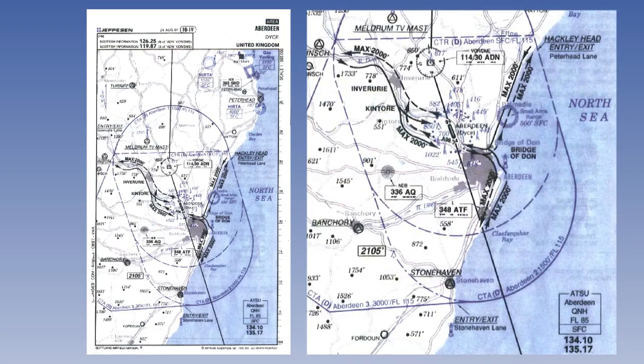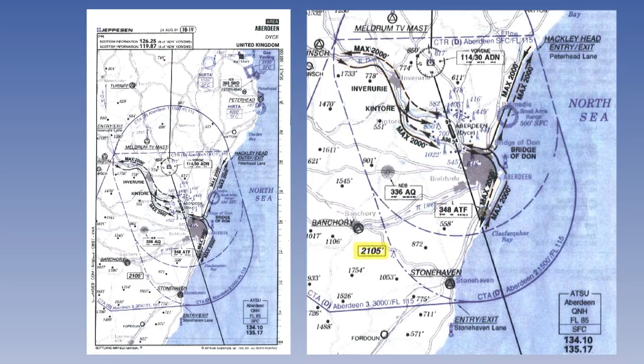Looking further down the chart are the entry and exit lanes for the Peterhead, Stonehaven and Inverurie VFR routes. The entry lanes to these routes are marked by the solid black lines, and the exit lanes by the dashed lines. Each one has a maximum height of 2,000 feet.